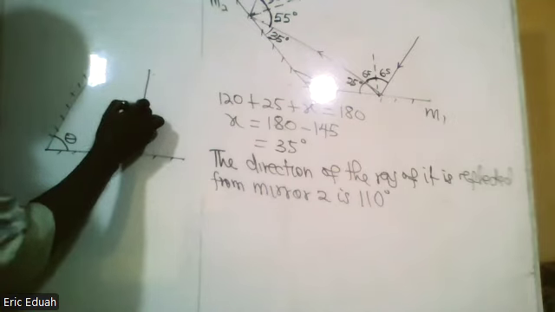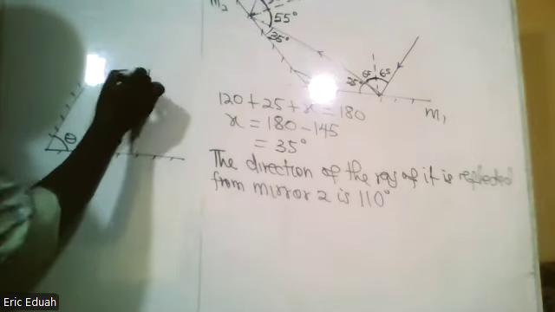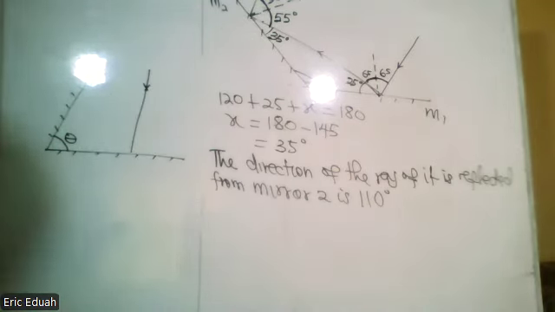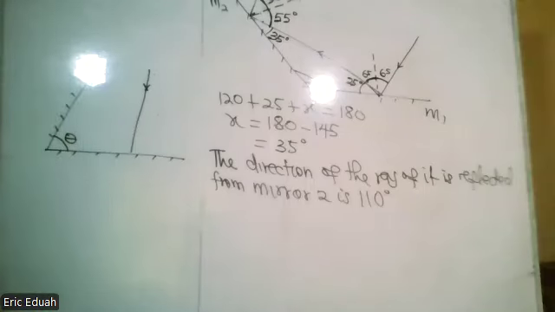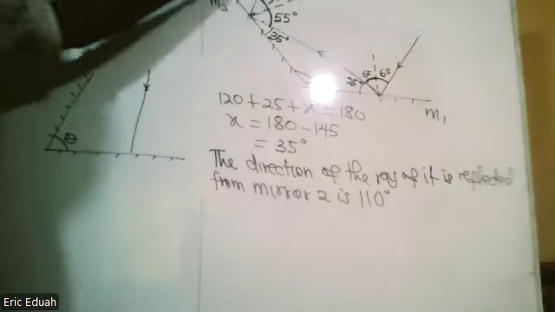Please, can you come again on the reason why it's 110 instead of 55? Listen to the question: find the direction of the ray after it is reflected from the second mirror. So we are looking at the direction of the reflected ray after it is reflected from the second mirror.